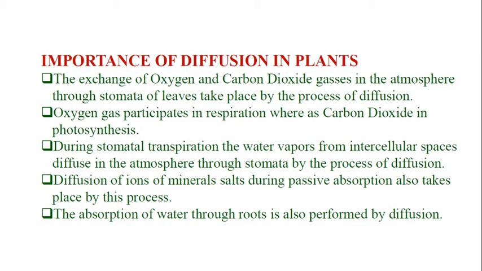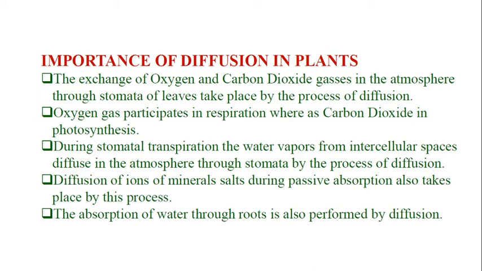Here is some importance of diffusion in plants. Due to diffusion, the gaseous exchange of oxygen and carbon dioxide can be done with the help of stomata, and that is the most important thing. Oxygen gas participates in respiration, whereas carbon dioxide participates in photosynthesis.